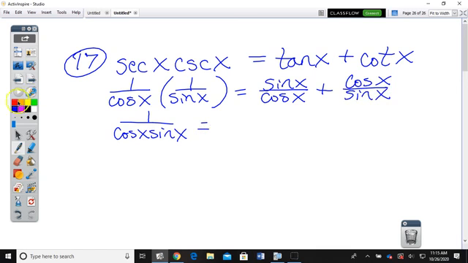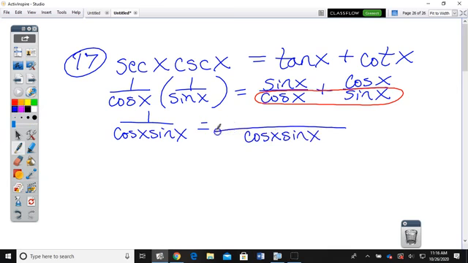No, so again, we're going to do our little trick here. Combine the bottom two, that will make cosine x sine x. I take whatever's on the bottom over here, multiply it by the one that's on top over there. Same thing on the other side. So I have sine squared x plus cosine squared x. What is sine squared x plus cosine squared x?